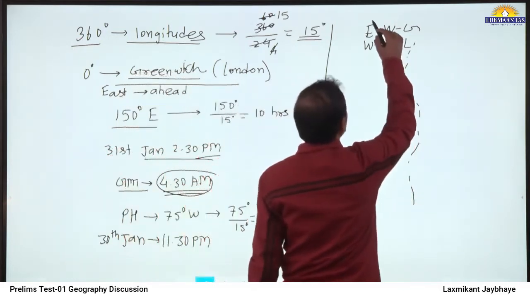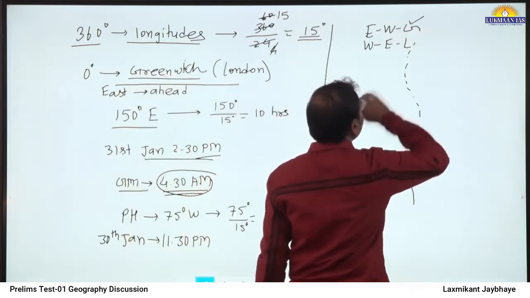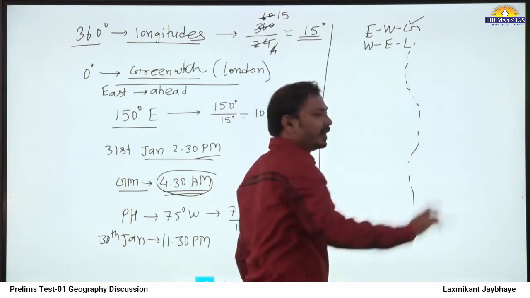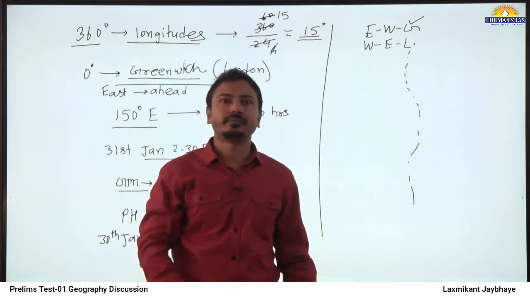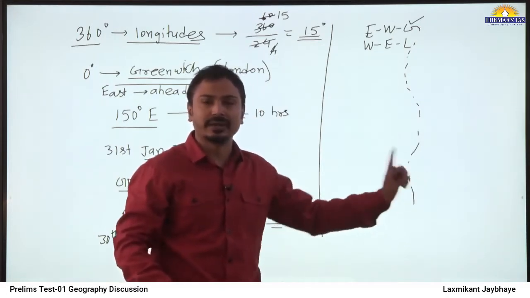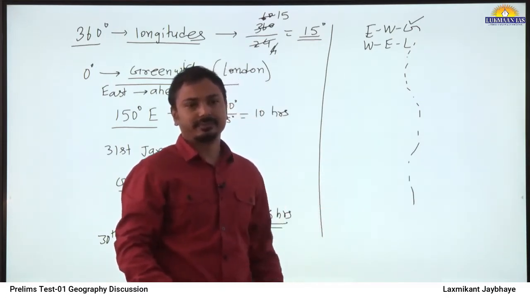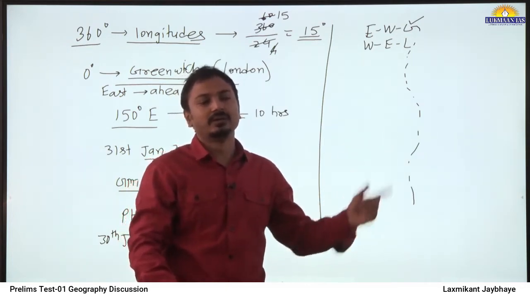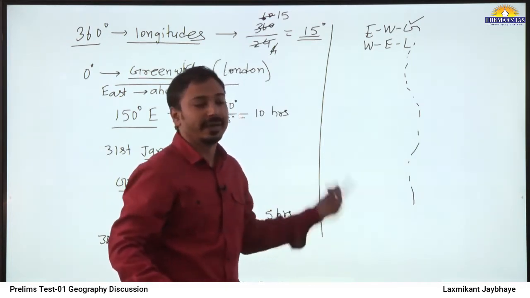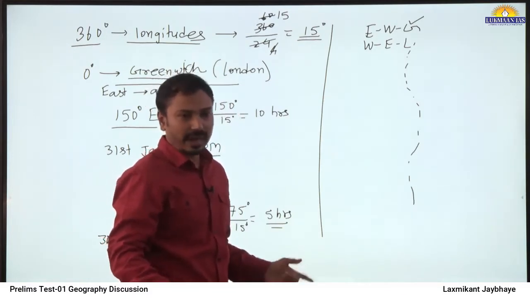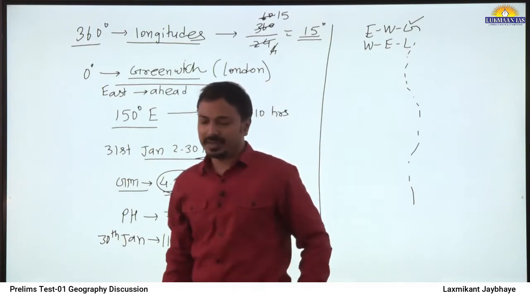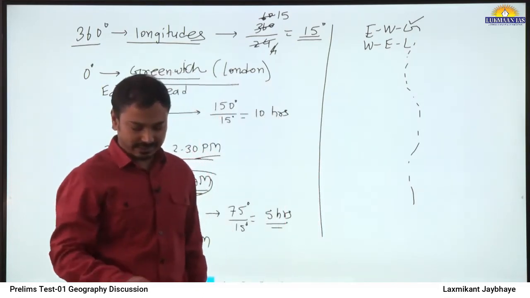When we are moving from east to west, we are gaining 1 day. When we are moving from west to east, we are losing 1 day across the international date line. Okay, so east to west, when we are moving westward, we are gaining 1 day. And when we are moving eastward, we are losing 1 day when we are crossing this international date line.